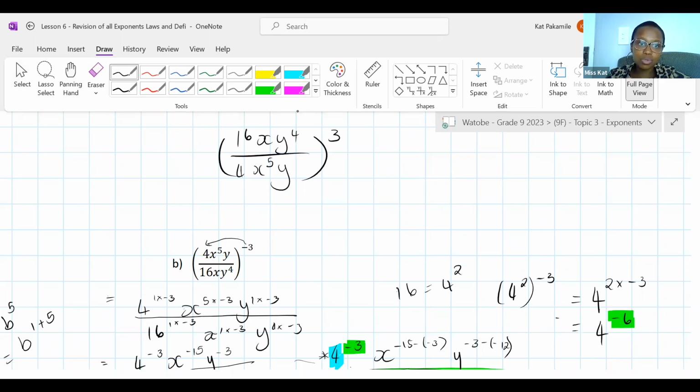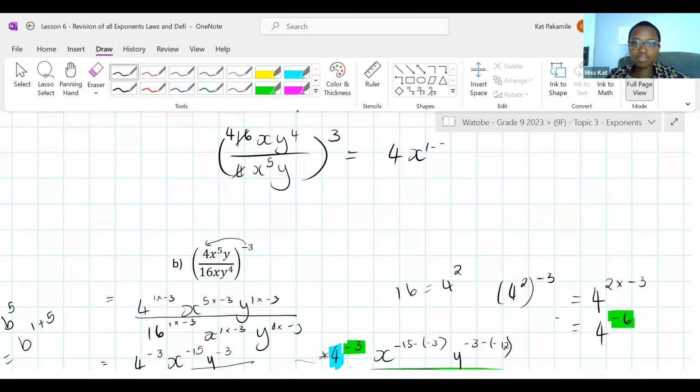From then on, you would just have said 16 divided by 4 is 4. So you have 4 at the top, and then x to the 1 minus 5, and y to the 4 minus 1, all still raised to the power of cube.